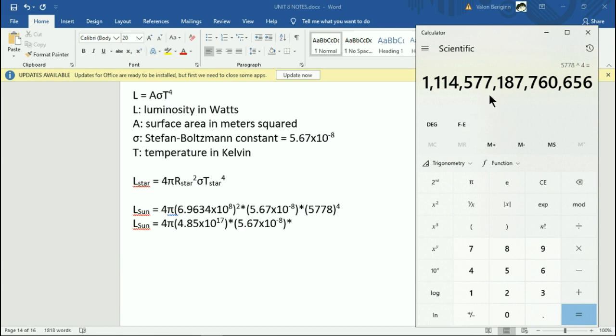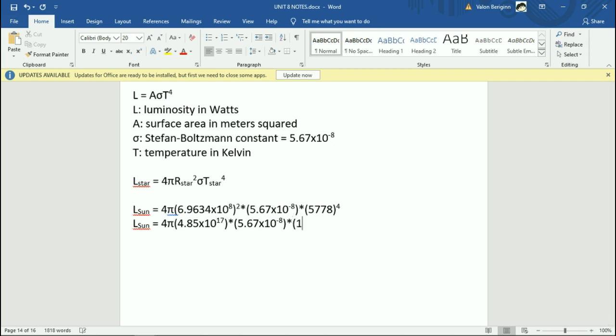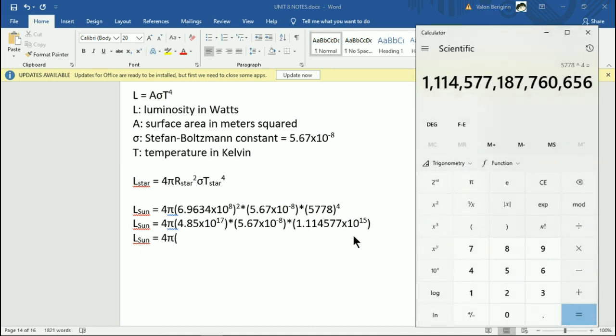Oh boy, it's not a great number to round. You know what? I'm going to go all the way to here just because I can. Okay, so there's 3, 6, 9, 12, 15. So that's 1.114577. We've got to multiply all this out.